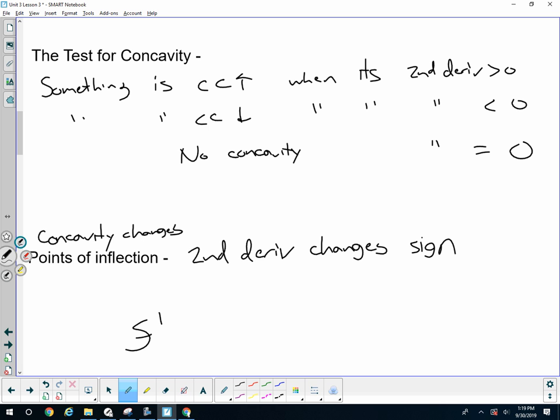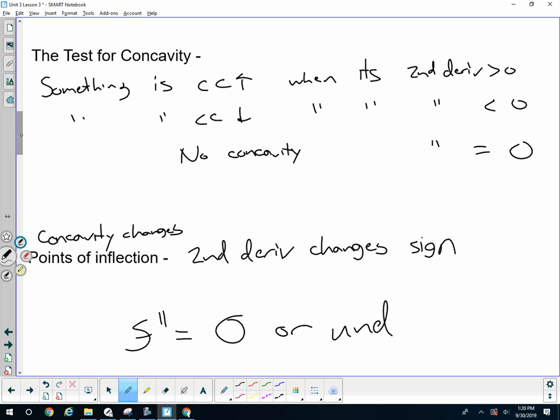They will always occur when our second derivative is 0 or undefined. But not every single 0 or every single undefined point will be a point of inflection, similar to maxes and mins. Not every single first derivative equal to 0, which we call the critical point, gave us a max. But these are where signs change. We have to change through a 0 from positives to negatives, or through an undefined value from positives to negatives.